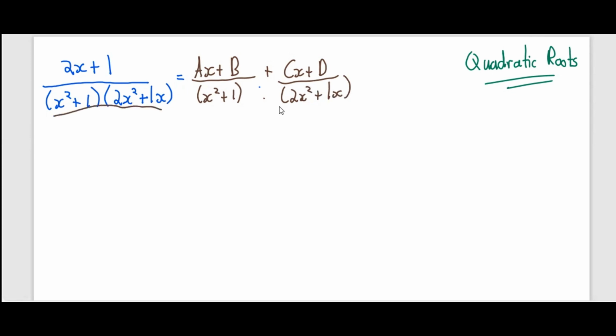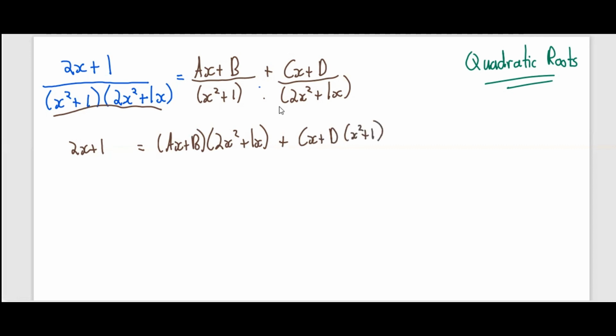On the left hand side, it will cancel. When you multiply, this will cancel, so you end up with ax plus b by the other one, plus cx plus d by this one.